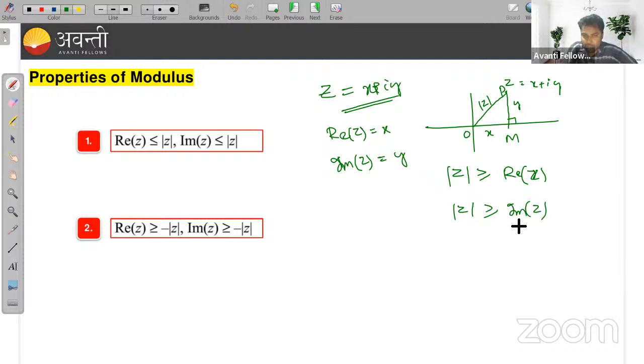Everyone, is it or not? Clear? Is it clear to everyone, guys? Let's respond in the chat box if it is clear to all.